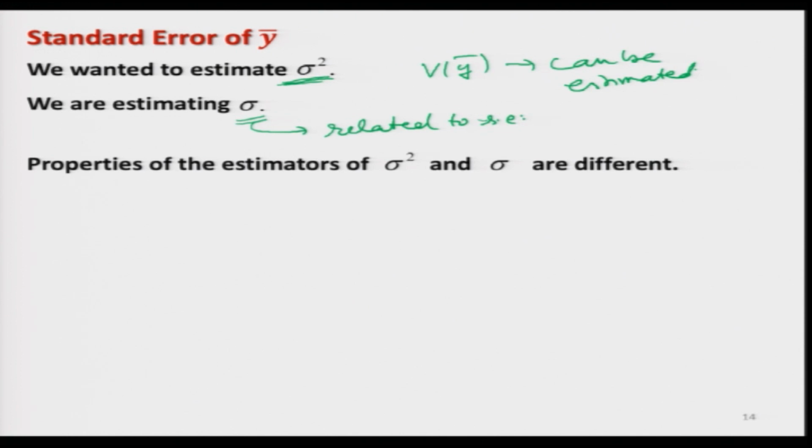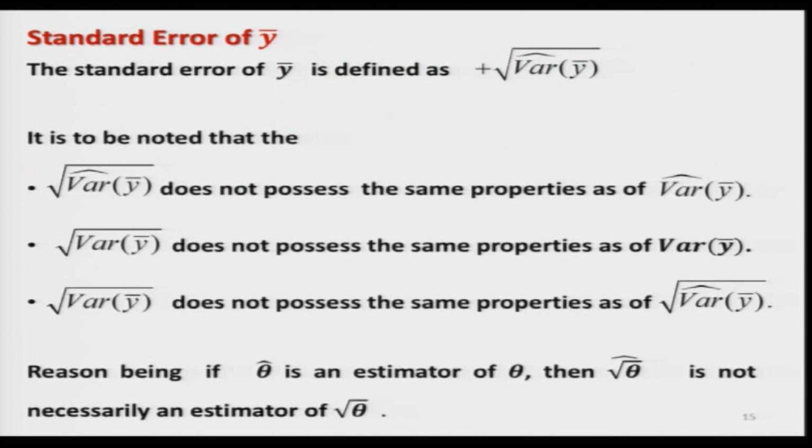Now, the estimate of sigma square and the estimate of sigma are going to be different; they cannot be the same. That is the basic difference, because of which the difference in the properties of the variance of y bar, its standard deviation, the estimate of variance of y bar, or the standard error comes into the picture, and there you have to be a little bit careful.